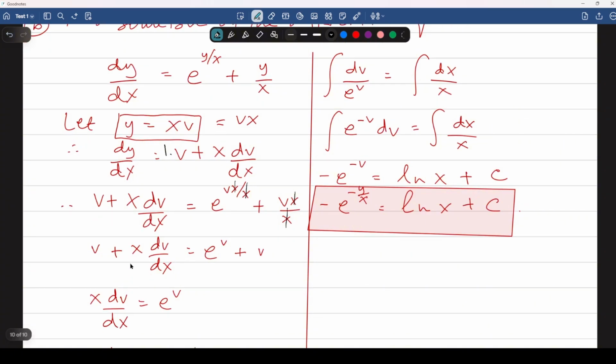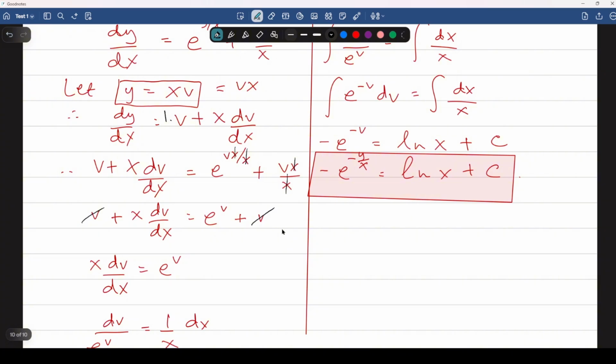So we are left with v plus x dv/dx equals e to the power of v plus v, and the v on each side can be cancelled by subtraction.